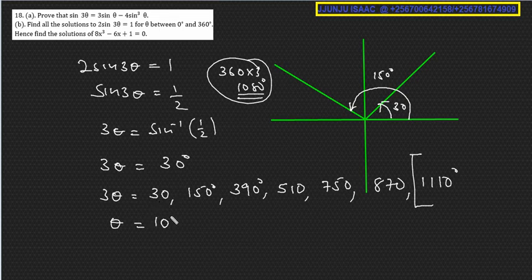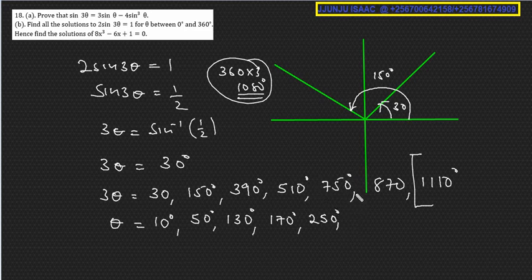So this is 10 degrees, this is 50 degrees, this is 130 degrees. So 510 divided by 3, we get 170 degrees. Then 750 divided by 3, we get 250 degrees.